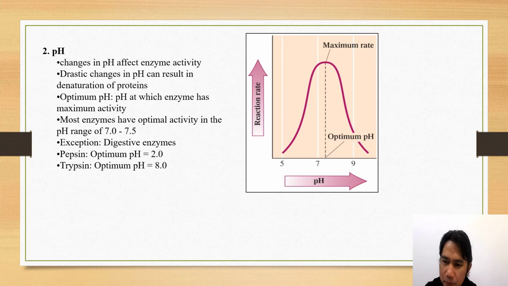Pepsin has an optimum pH of 2.0. Pepsin cleaves, or hydrolyzes, protein in the stomach. And trypsin is also a proteolytic enzyme that works in the small intestine.